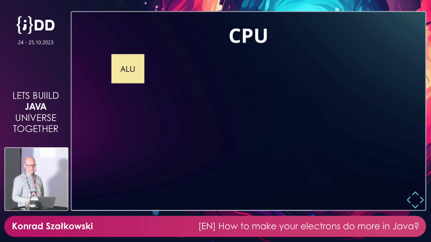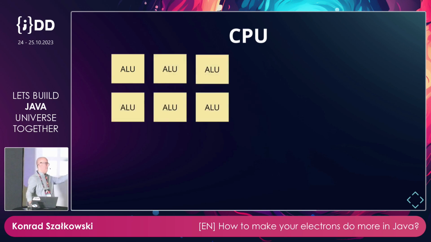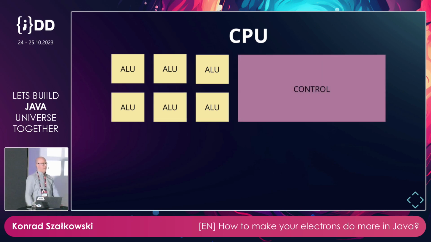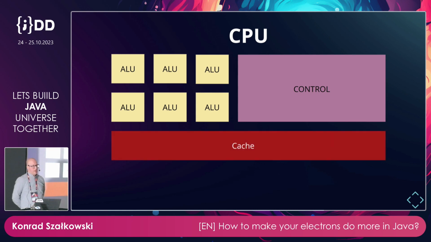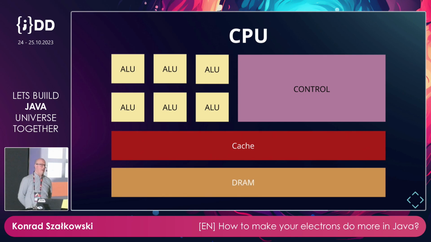Your CPU has 6, 8, 12, 24 computing cores right now. It has a big, fat control unit, which is able to do a lot of things: DMA transfers, input-output control, lots of other stuff. And you have a cache, quite often a big one, and you have enormous amounts of RAM.